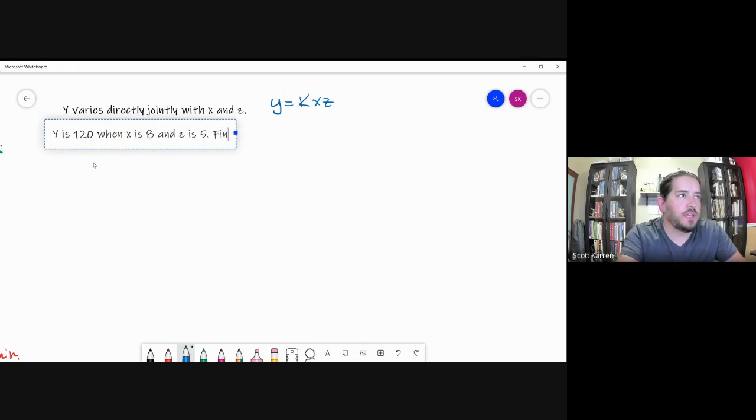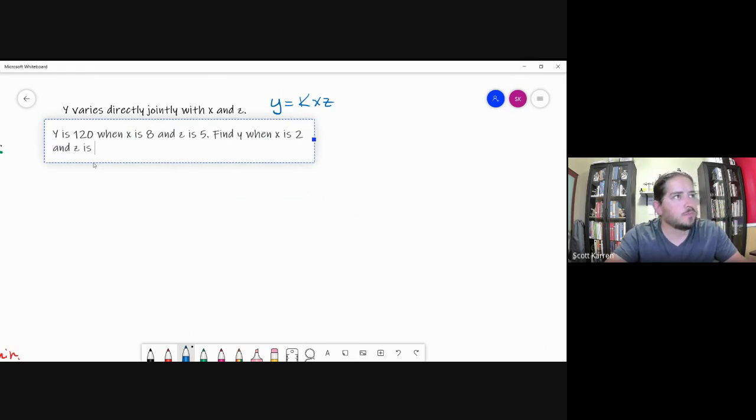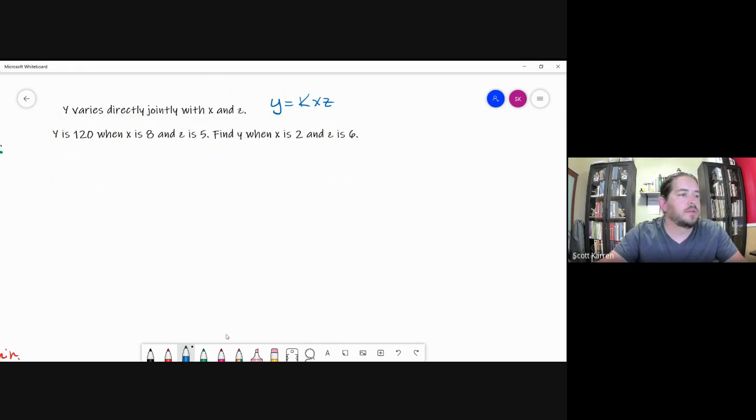And we want to find y when x is 2 and z is, let's say, 6. Okay? So it's this equation, y equals k times x times z.